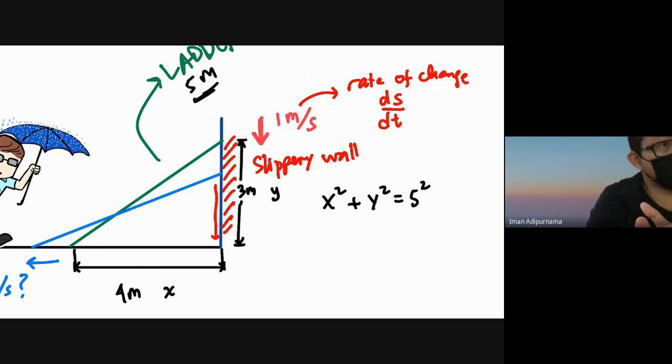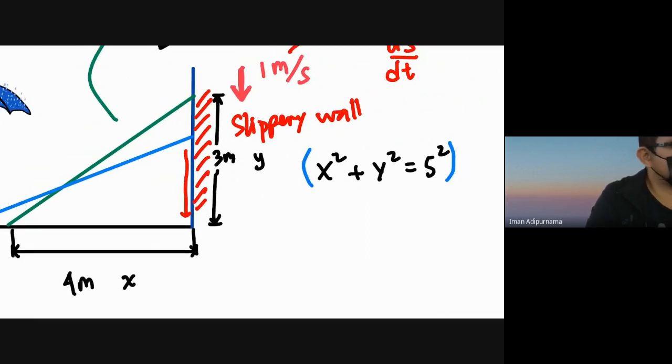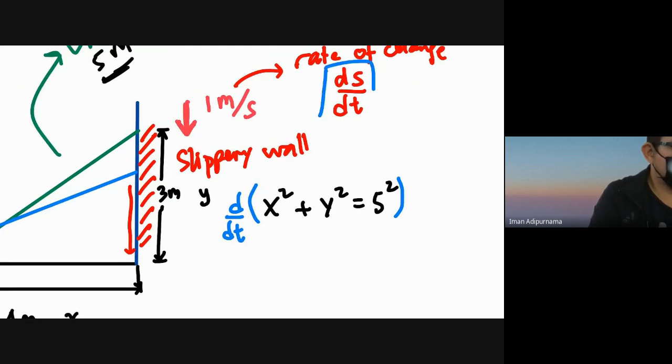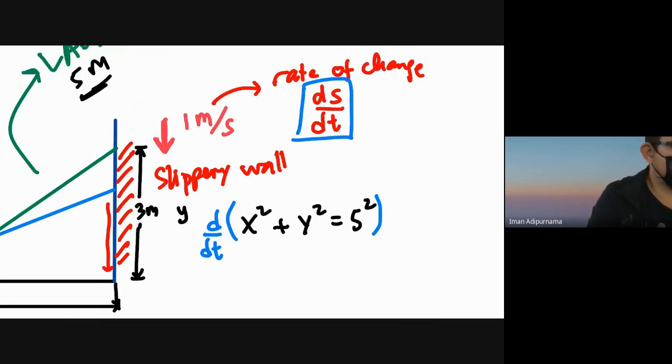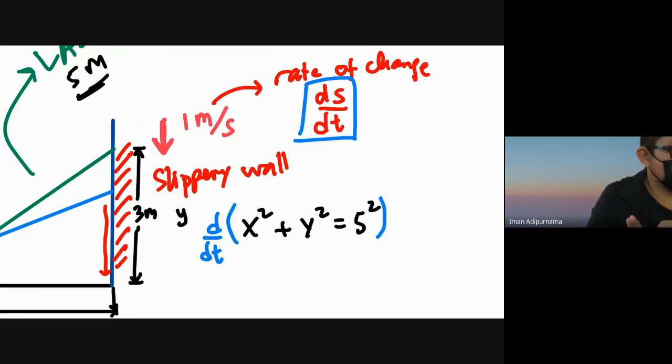And you can also relate this to calculus. So now, if we differentiate all these terms with respect to time, eventually we will get something similar to ds over dt, or velocity in this case.